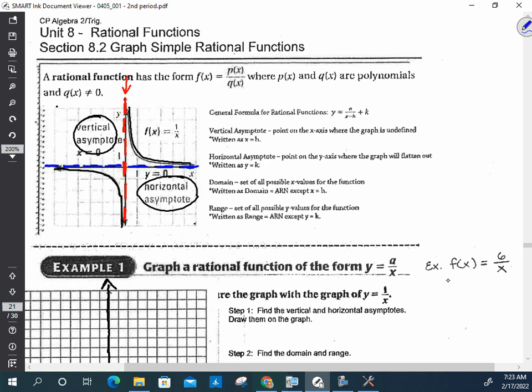The horizontal asymptote is the horizontal dotted line that the graph cannot cross. Vertical asymptotes are always labeled as x equals some number. The horizontal asymptote is y equals some number.